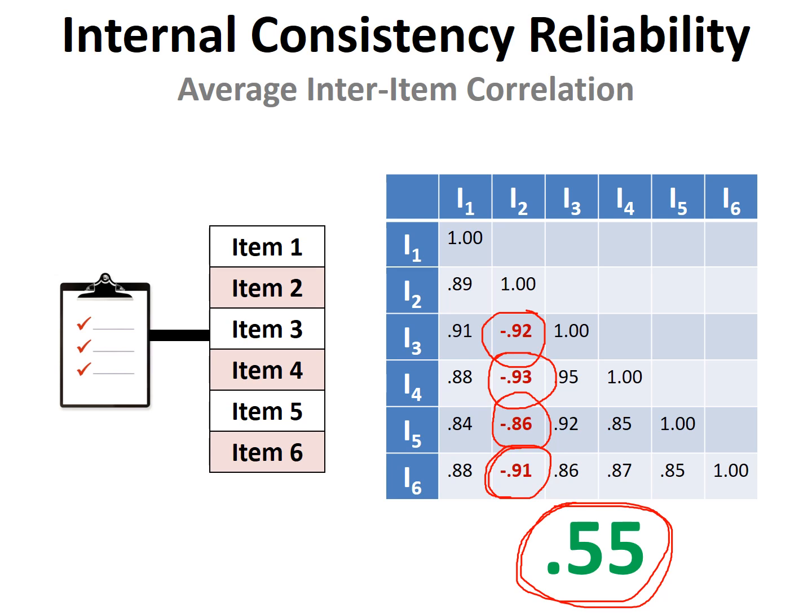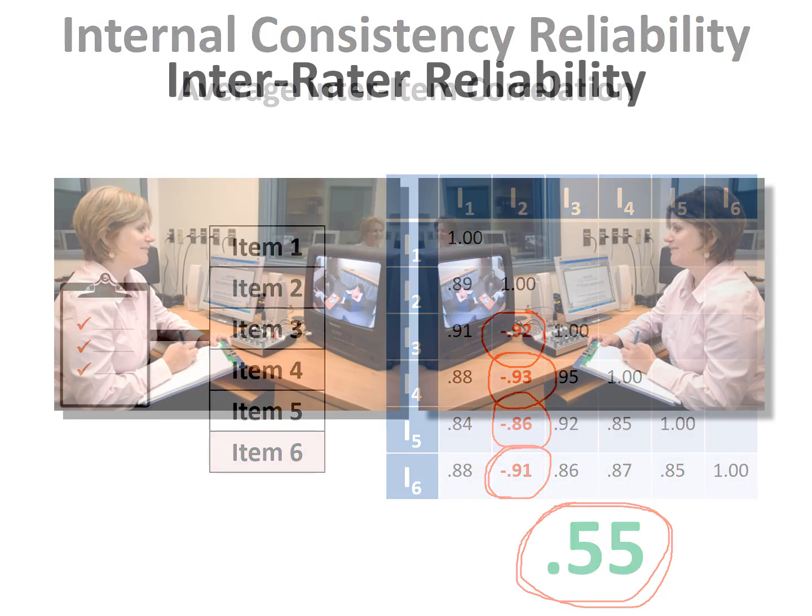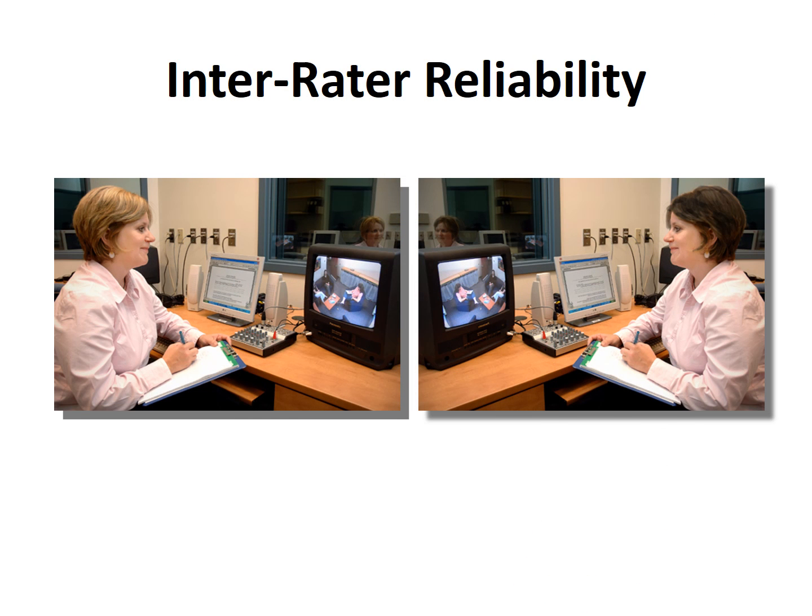But data like this can show you how important the reliability coefficient is, because it can point the way to a very poorly worded item. So that's just another example of how internal consistency reliability can help you identify poorly worded items.